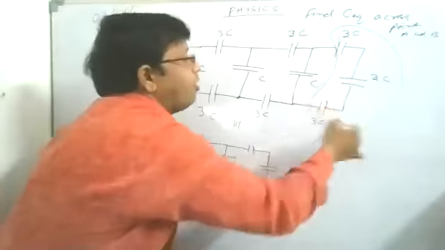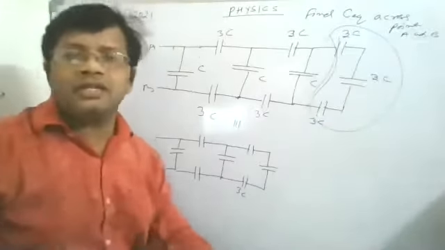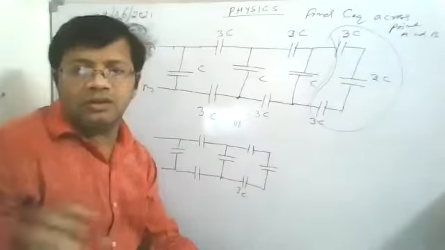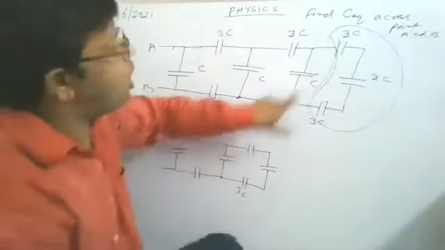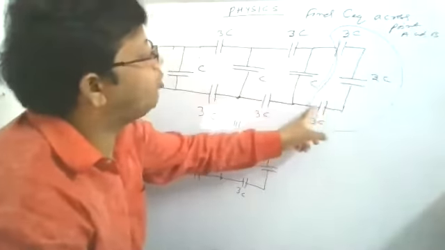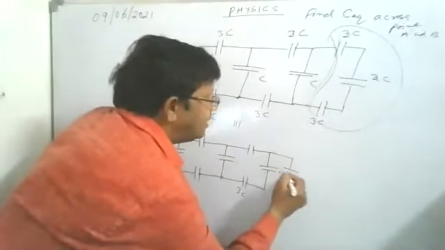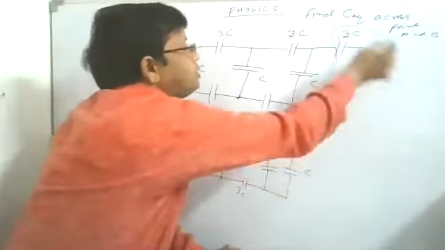Now what is the equivalent capacitance of all these three? Draw this circuit, and the equivalent of these three, which are connected in series, is C. So you write here C. This is the equivalent capacitance of all these three.